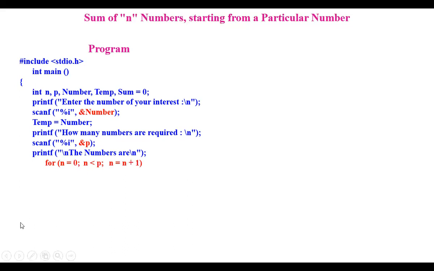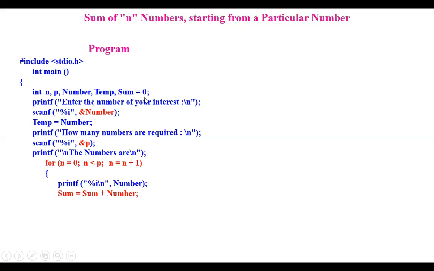So here in the for loop, initially the n value is taken as 0. It continues while n is less than p, incrementing n. And here it prints that particular number, and also the summing is done here in the loop.